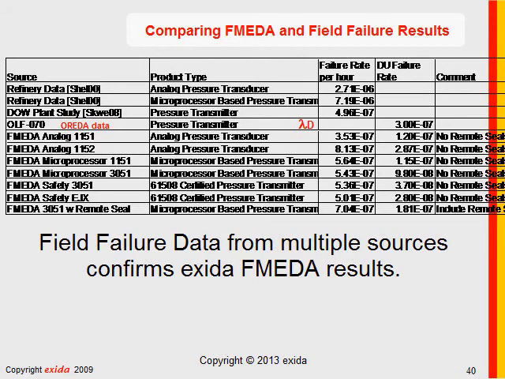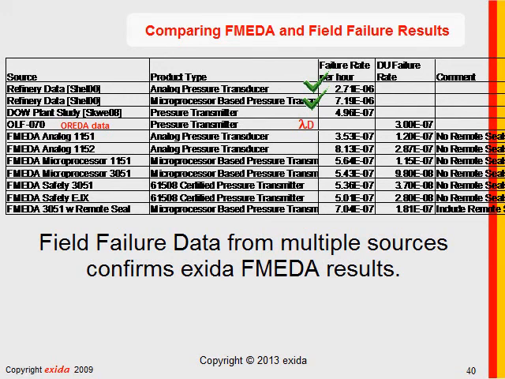How do you compare failure rate data to FMEDAs? In this case, we got data from a refinery. You can see that an analog transmitter was judged to be roughly 3 times 10 to the minus 6 total failure rate. In this study, which was basically from the 1970s and 80s, 8 times 10 to the minus 6 for microprocessor-based equipment.